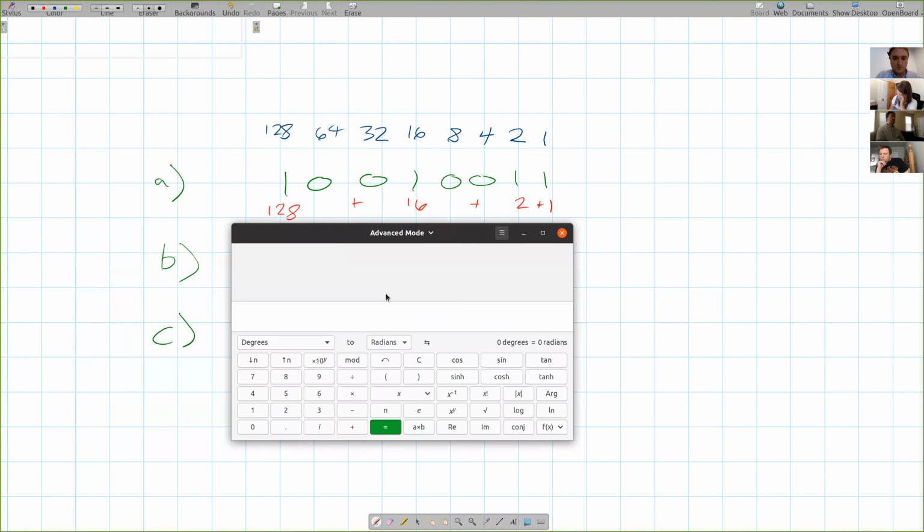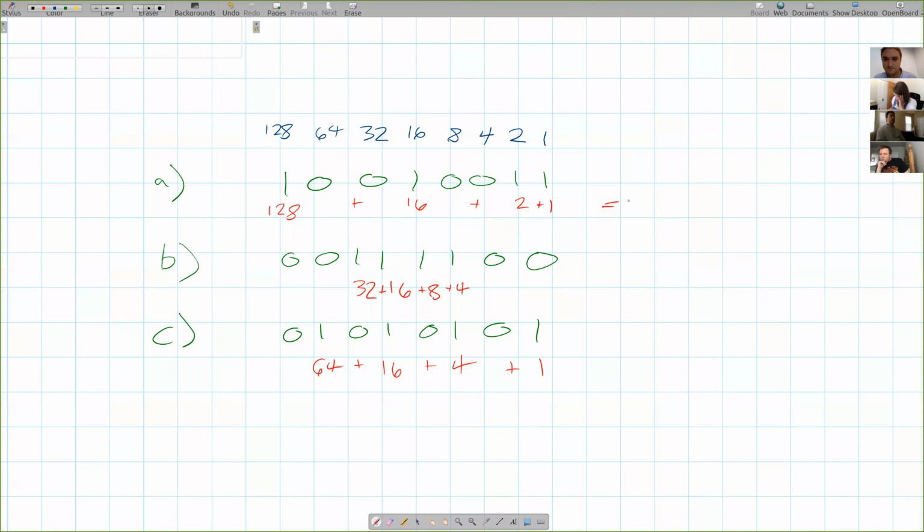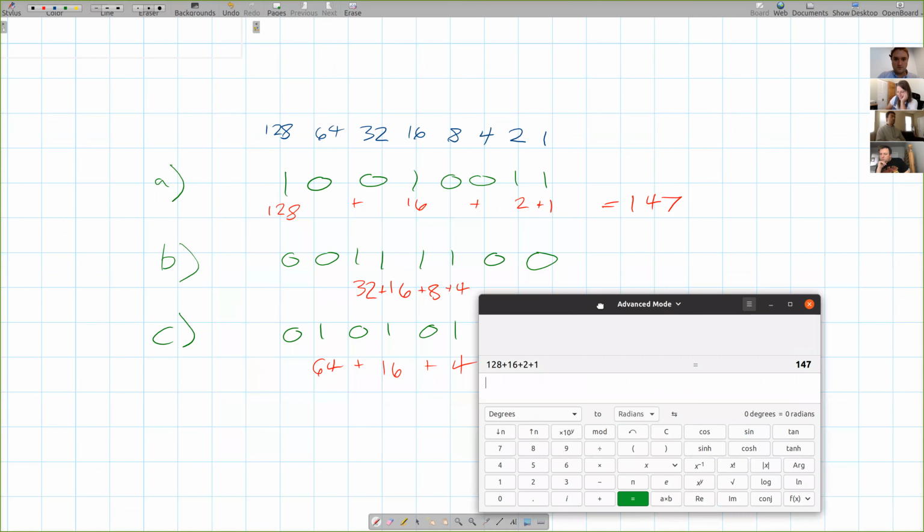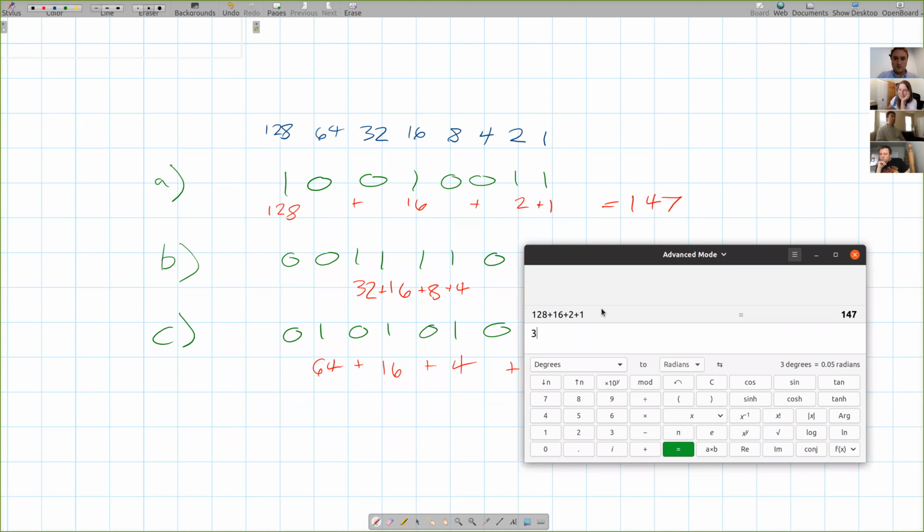All right, for this first one, 128 plus 16 plus 2 plus 1, 147. This next one, 32 plus 16 plus 8 plus 4 is 60.